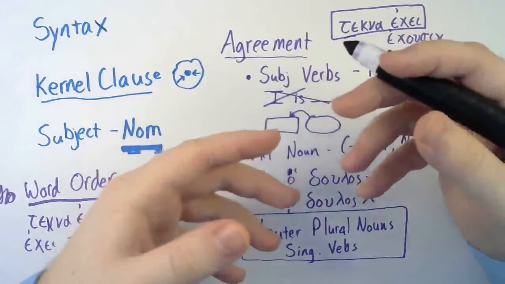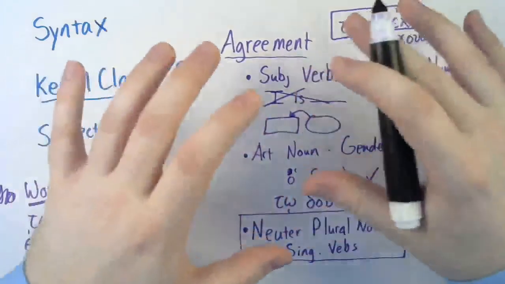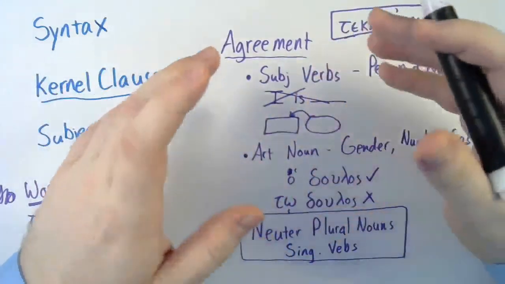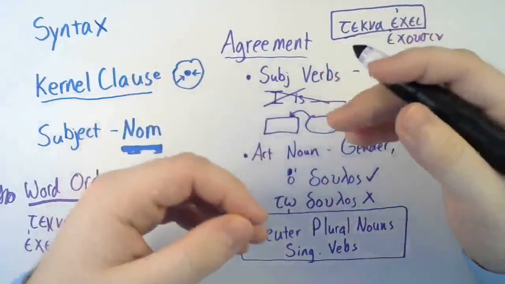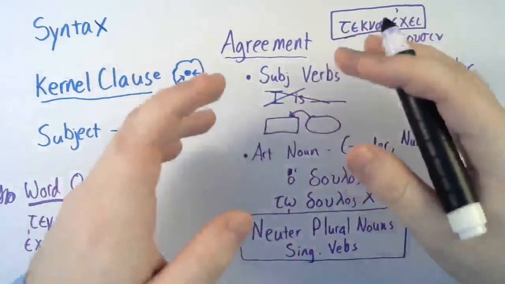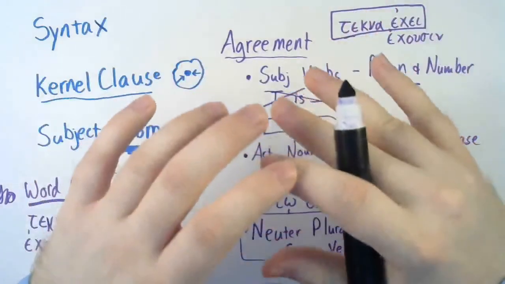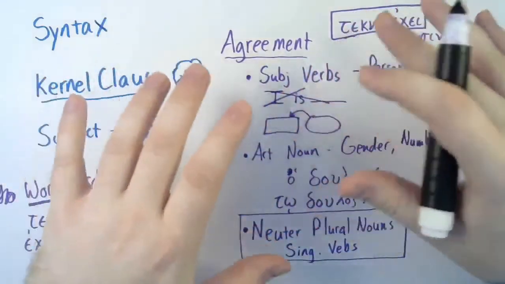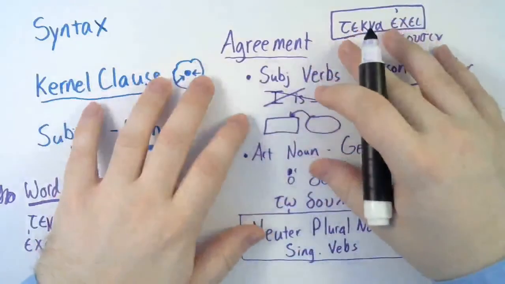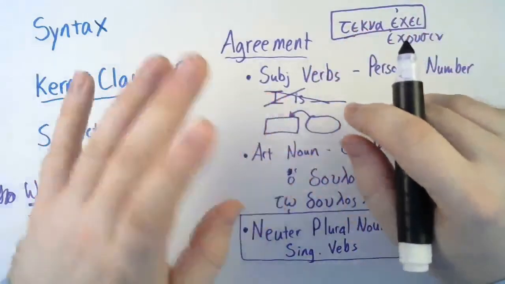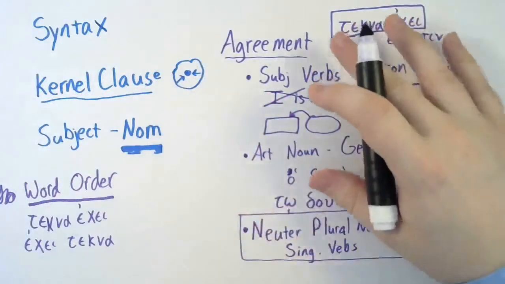There are other things that agree with each other, but we'll talk about those as we get to them. For example, we'll talk about adjective agreement once we get to adjectives. And participles have their own set of agreement rules. We'll talk about those once we get to participles, but I believe that's in Unit 3, so you have a good ways to go before then, so don't worry about that yet.